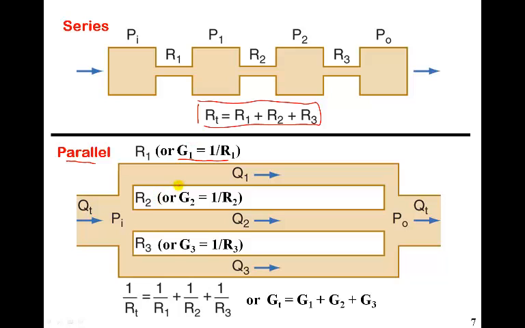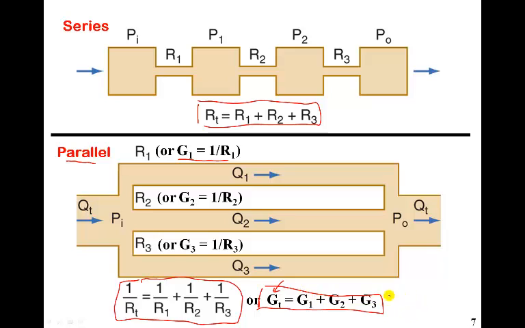So in this case, if you have three vessels, 1, 2, and 3, the complicated way to express it is 1 over R total equals the reciprocals add, and then you have to flip it over at the end. I think the much more intuitive way to understand it is that here the conductances add, which means that the more vessels you have, the bigger the total conductance becomes.